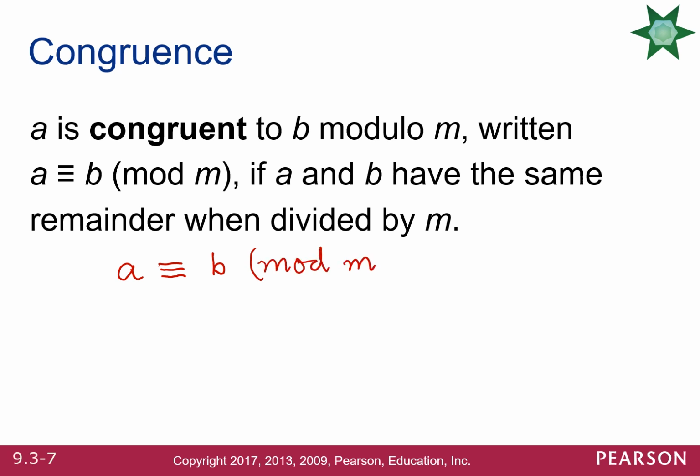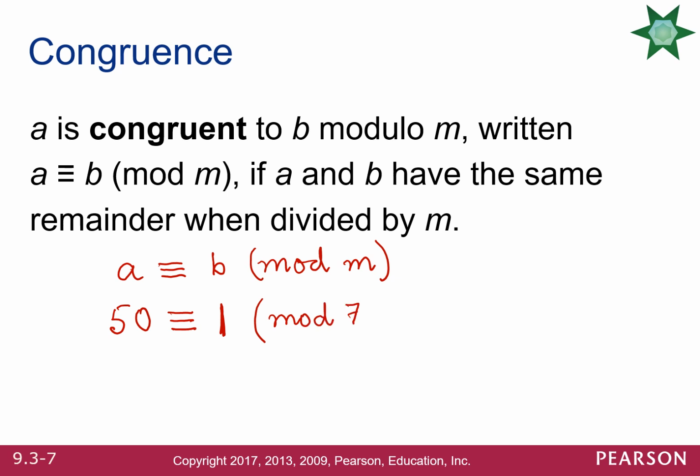So let's come up with values for A, B, and M. Let's say I use the number 50, and then the congruent symbol, and then I'm going to use the value 1 for B, and then mod 7.